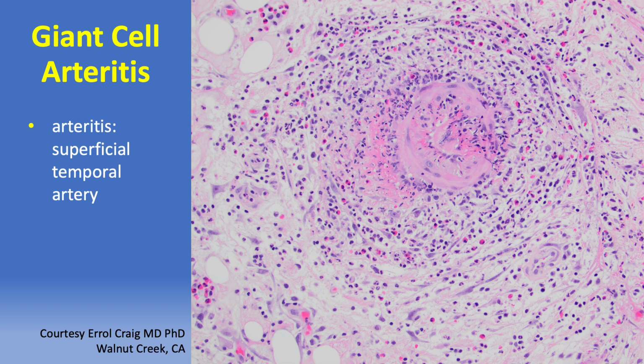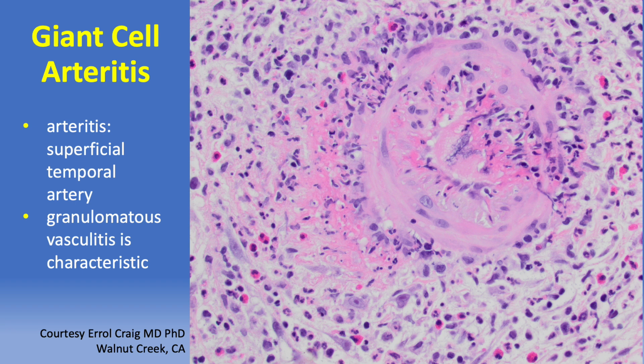but with a more poorly circumscribed periarterial infiltrate, that in this particular example is somewhat mixed with scattered neutrophils, eosinophils, lymphocytes, and histiocytes. Not quite yet overtly granulomatous, although granulomatous vasculitis is a characteristic feature in giant cell arteritis.